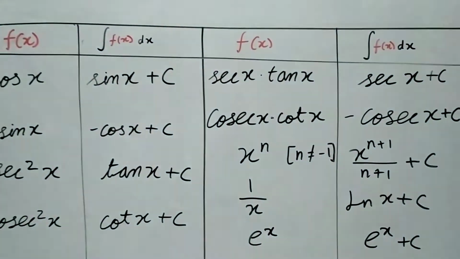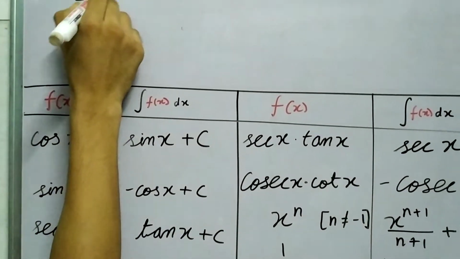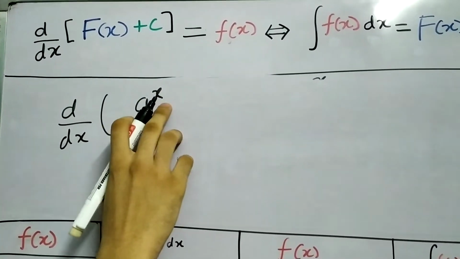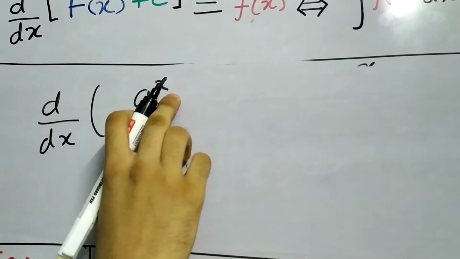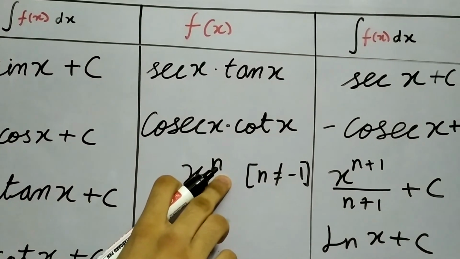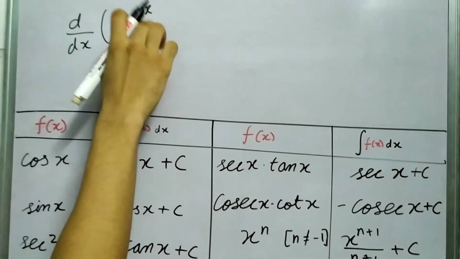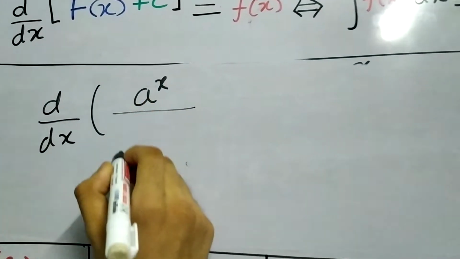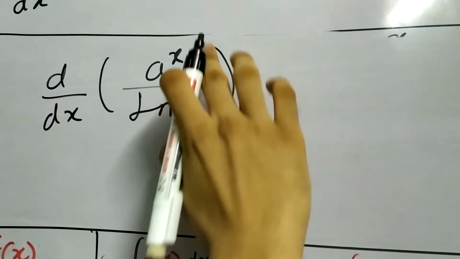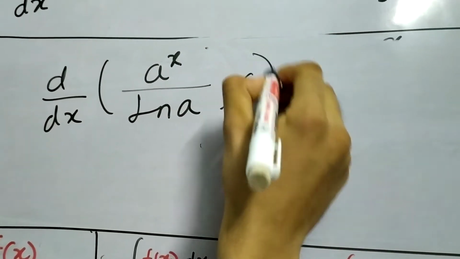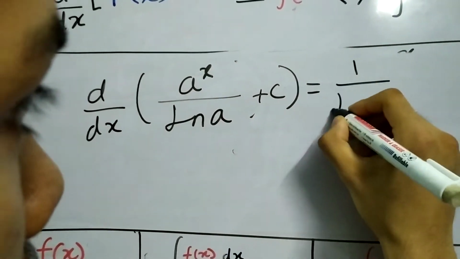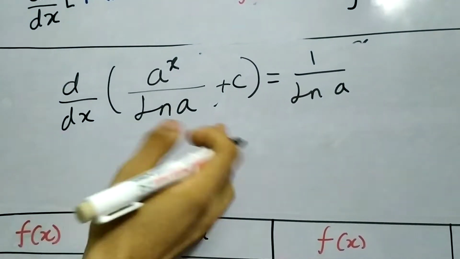And consider this one, d by dx of a to the power of x. So x is in the exponent here, okay? In our previous case some other number was in our exponent, but in this case x forms the exponent, divided by ln a, plus some constant. So it will be 1 upon ln a, which is a constant.